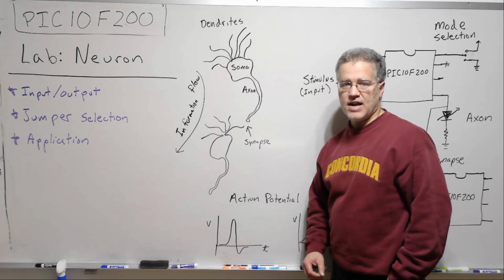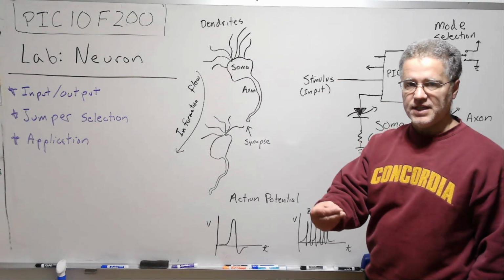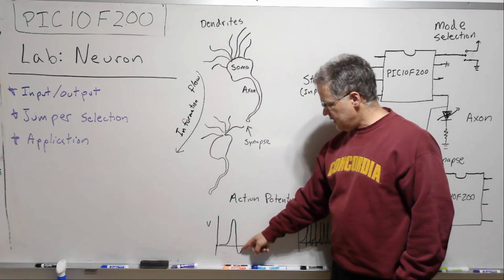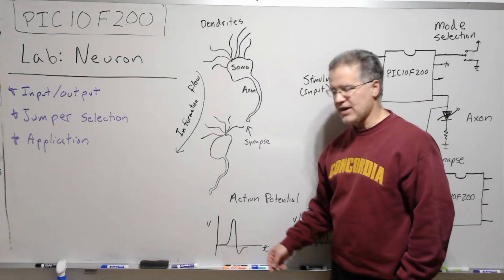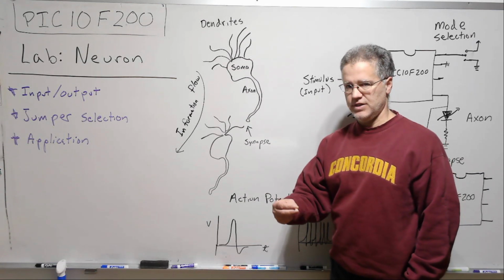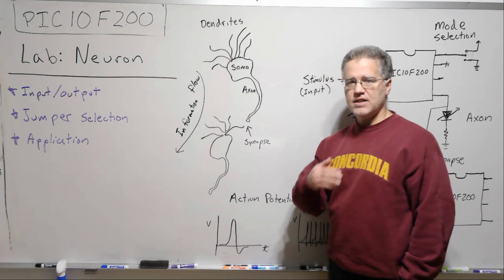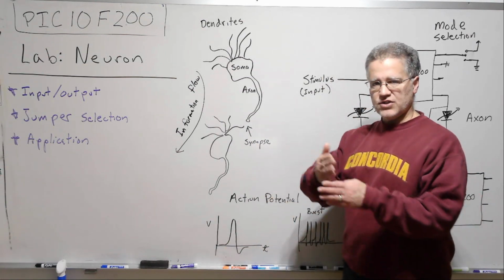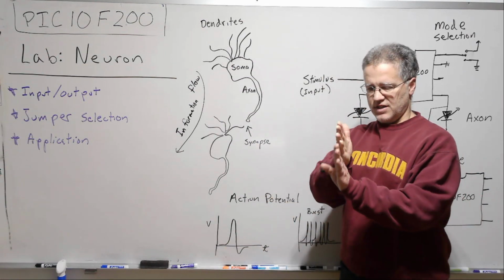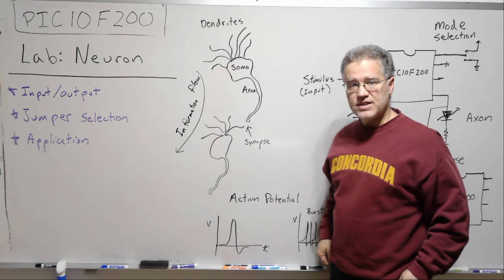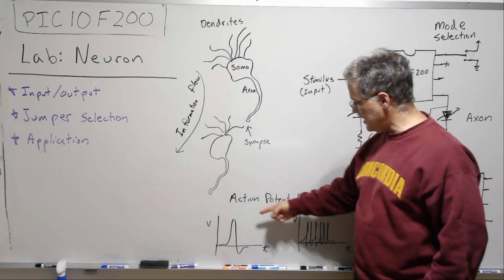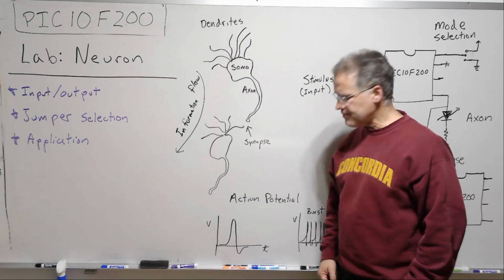In the absolute refractory period, you can't re-stimulate the cell. In the relative refractory period, it's much more difficult to re-stimulate the cell. And so for all intents and purposes, you get an individual, unique action potential. You can't stack action potentials on top of each other. So really, this is a digital signal. It's either on or off.